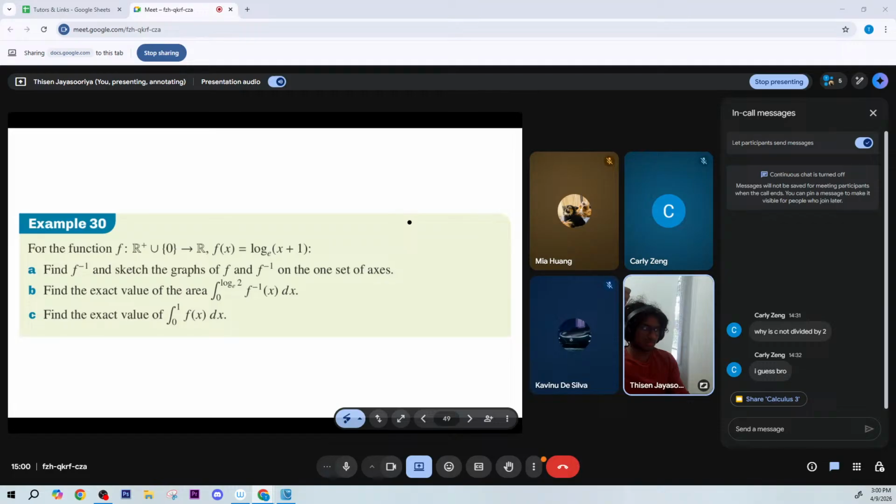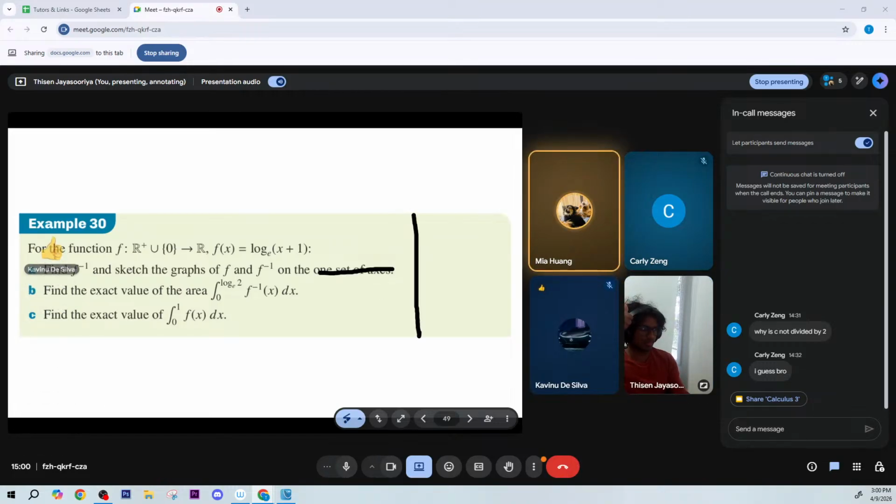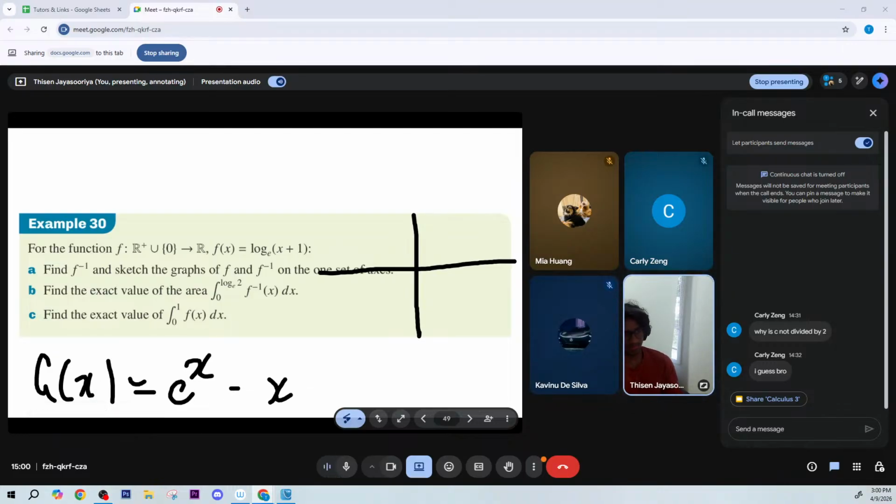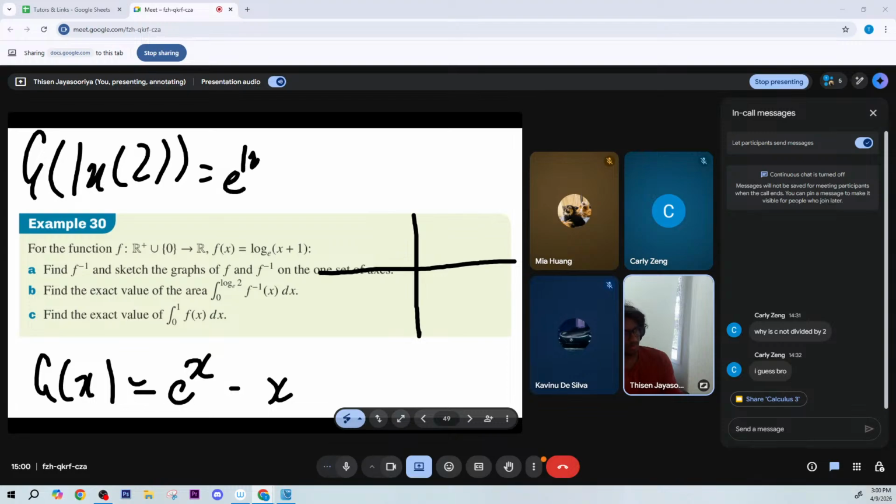All good? Can you redo the working out for the g of ln of 2 but bigger? Okay. So I'll just write down g of x equals e to the x take x. So g of ln of 2 is equal to e to the ln of 2 take away ln of 2.